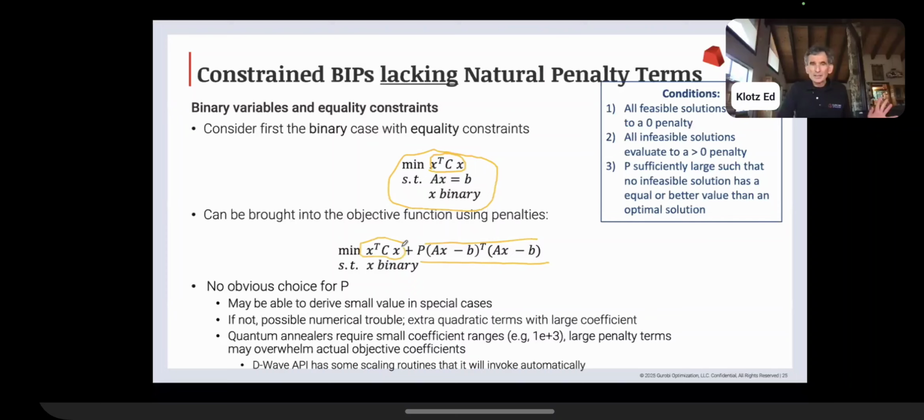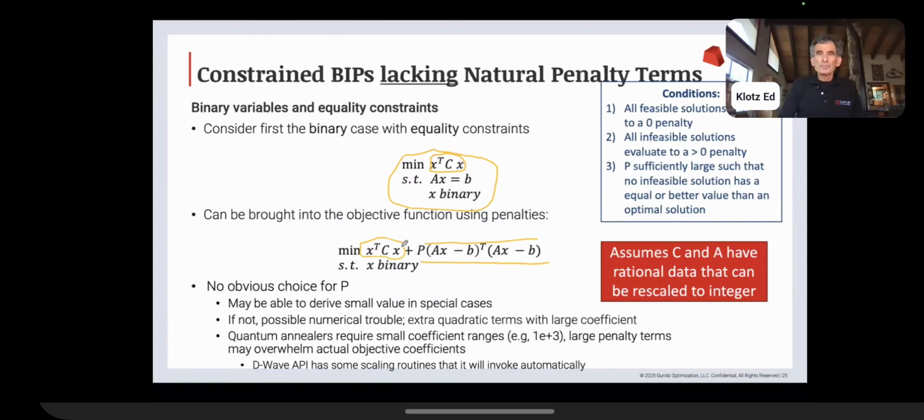Now, at least with D-Wave's annealer, they have some scaling routines that will try to help with this. And lastly, there is an assumption that C and A have rational data that can be rescaled to integer.